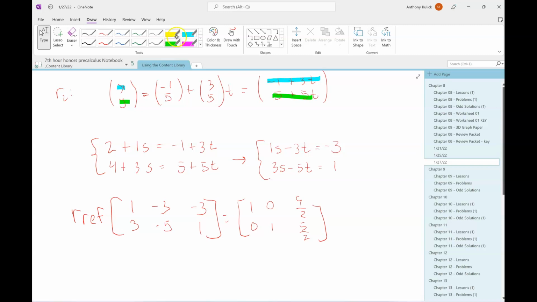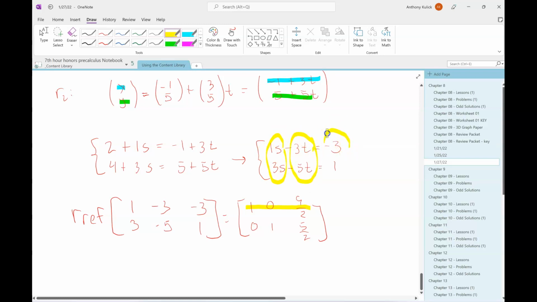So the way to read that second matrix is each row is basically an equation. So remember when we set up our matrix, the first column was the S's, the second column was the T's, and the third column was the solution. So if I read that first row in the same way, I have 1S plus 0T is equal to 9/2, or just that S is 9/2.